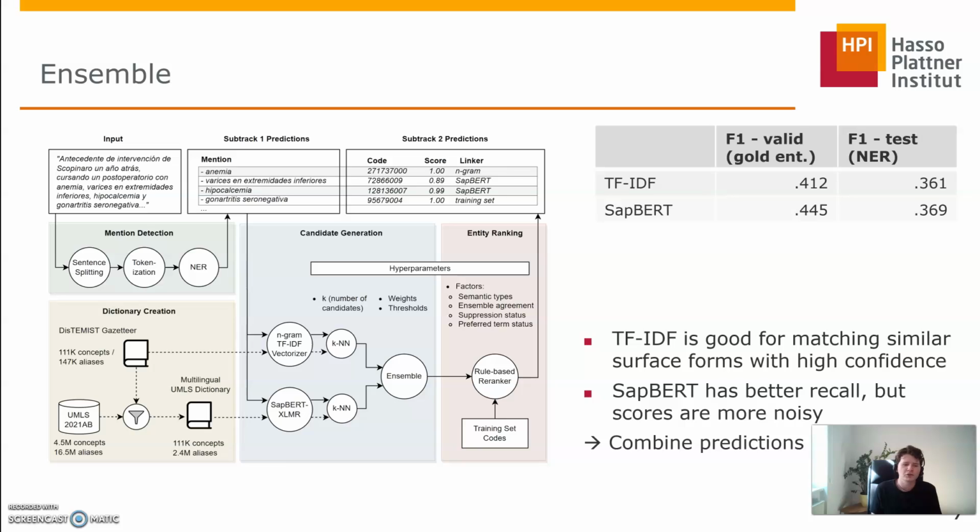So it's a natural idea to combine the predictions with an ensemble and use the terms produced by each candidate generator, weighted by an individual weight and applied with a threshold, which yields an F1 score on the test set of 0.425. So it's much better than the two candidate generators alone.